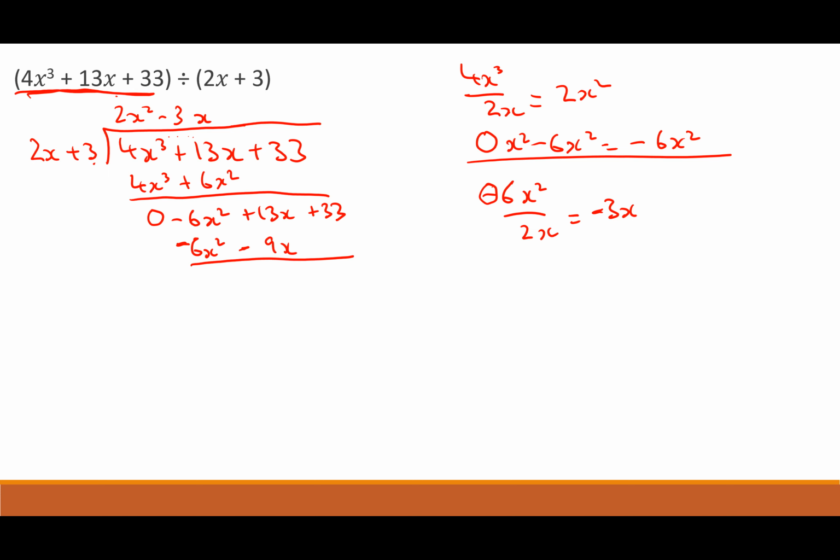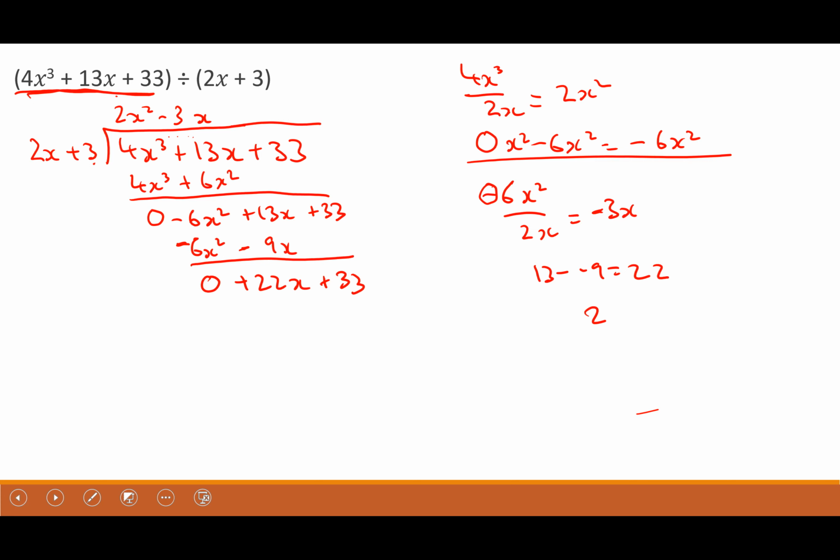Okay, so let's do the take away. That's 0 there. 13 minus minus 9 equals 22. So we're going to be left with plus 22x plus 33. Then let's do the next one. 22x divided by 2x equals 11.